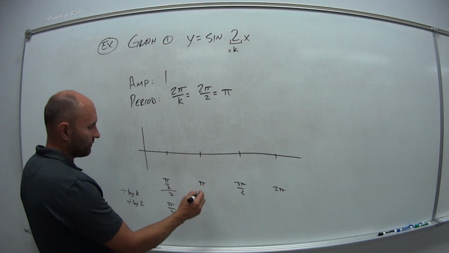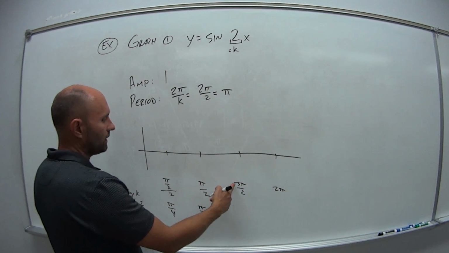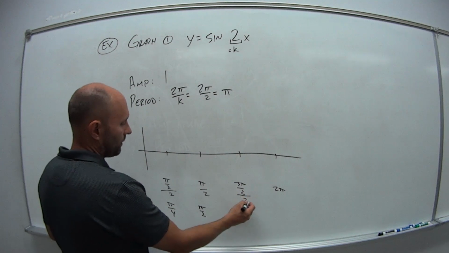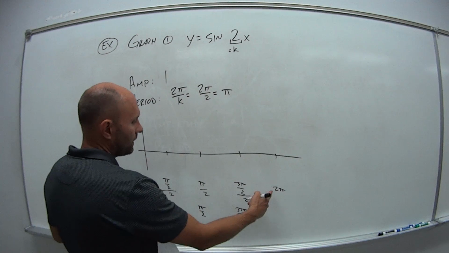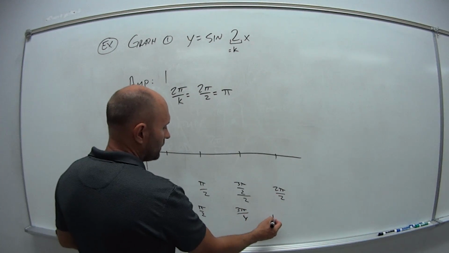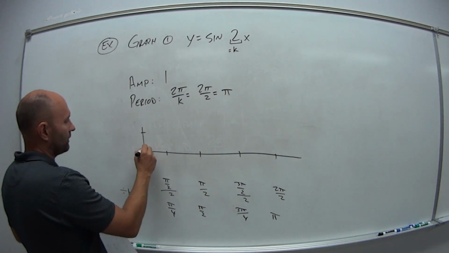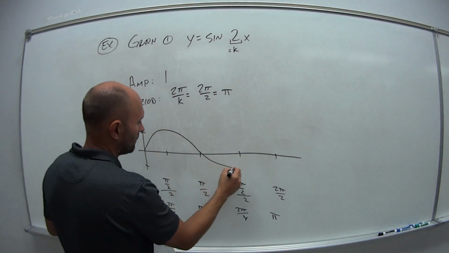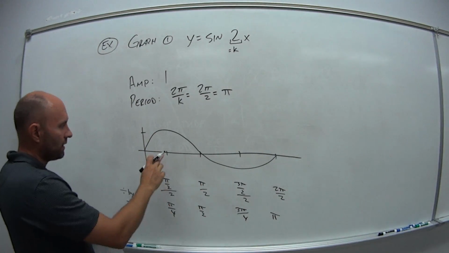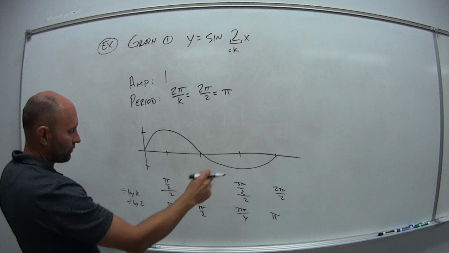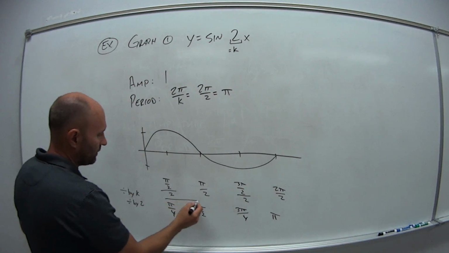And pi divided by 2 is just pi over 2. 3 pi over 2 divided by 2 is 3 pi over 4. And 2 pi over 2 is just pi. So I still have the graph that looks the same. So it goes as high as 1, goes as low as -1. But now these points where it's crossing, if all I have is a period change, are these new numbers.